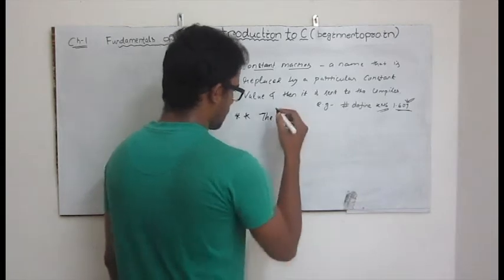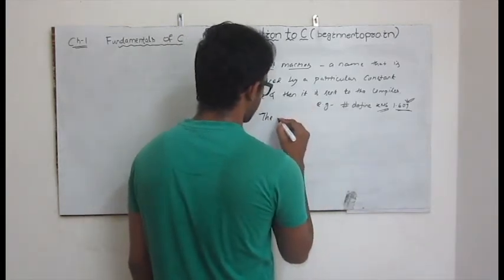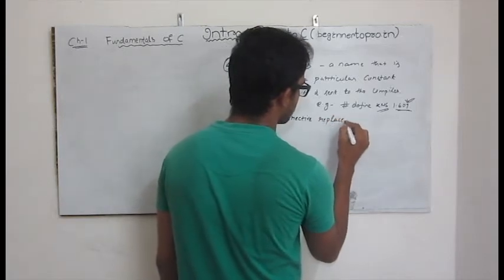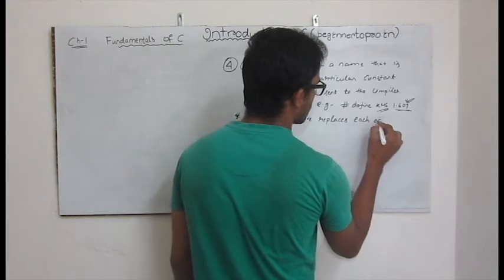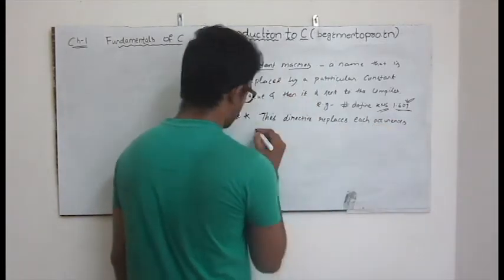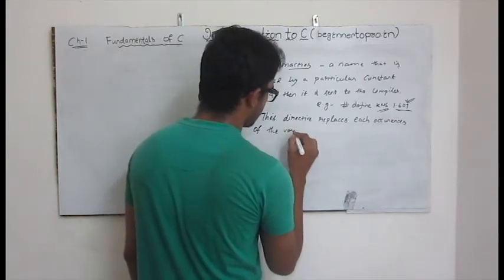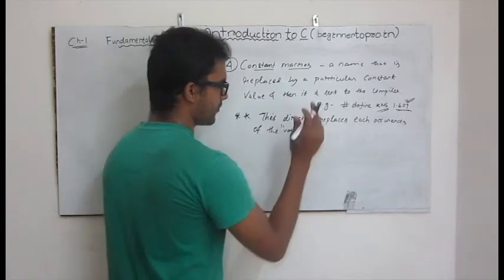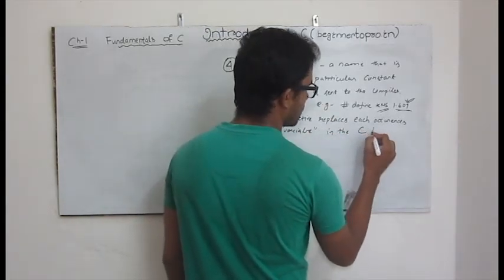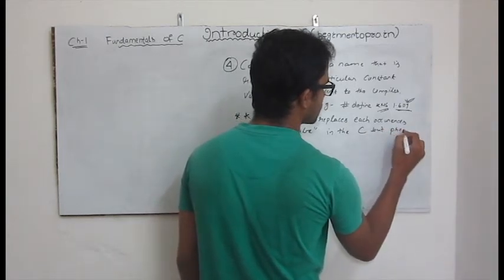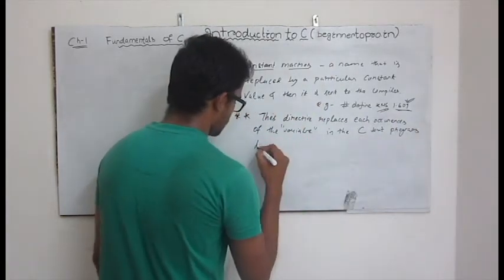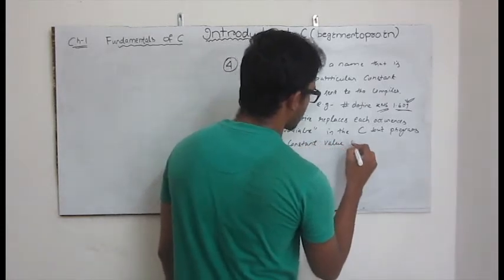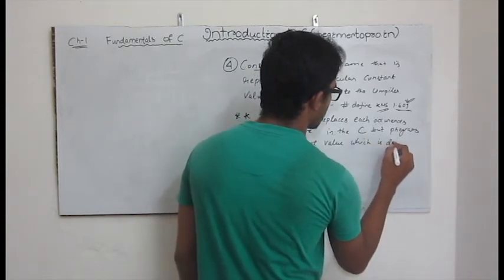So this directive replaces each occurrence of the variable in the C text programs by the constant value which is defined.